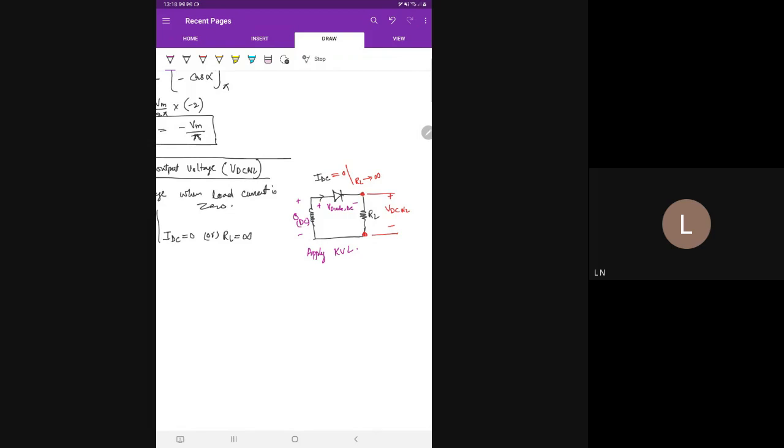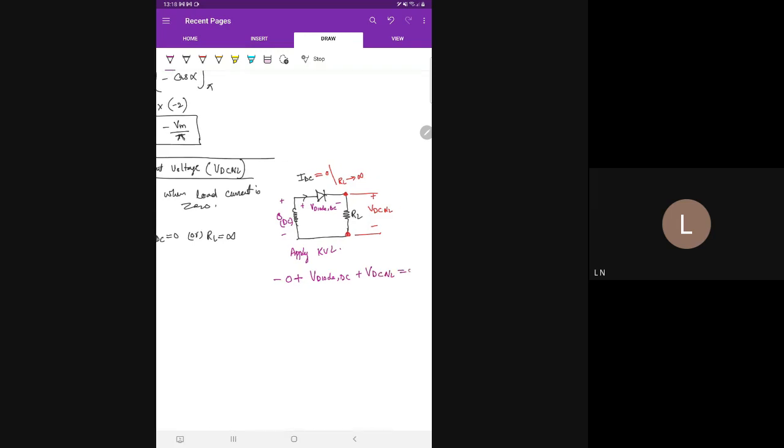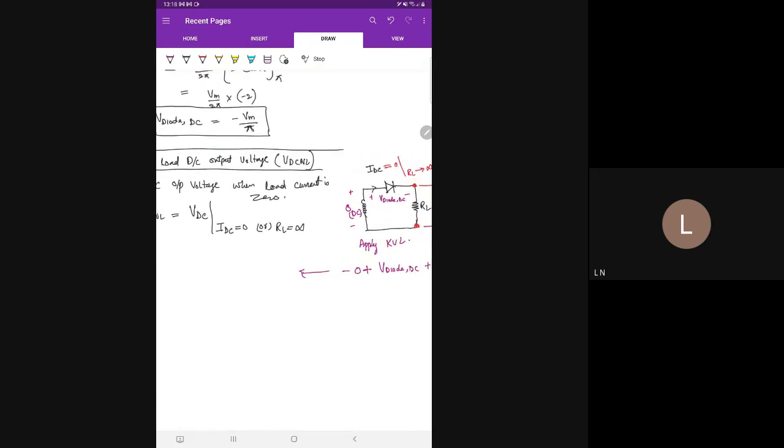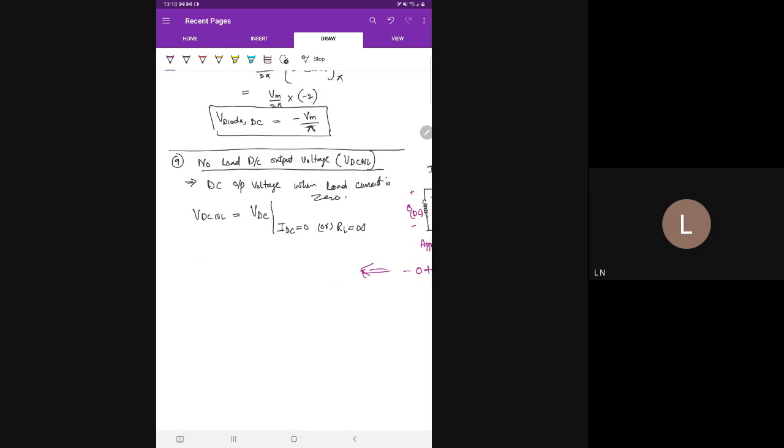Now in this network, if we apply KVL, we can write: minus 0, plus V diode DC, plus VDC no load, and this all is equal to 0. From this equation we conclude that VDC no load is equal to minus V diode DC.